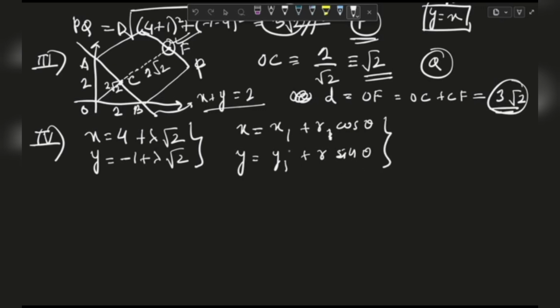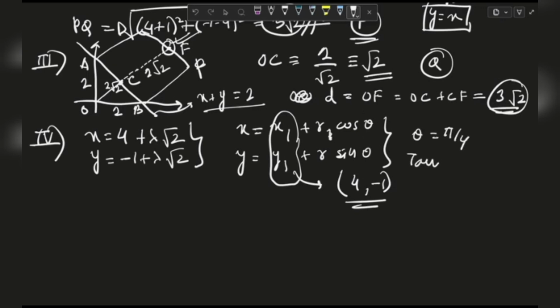So basically if we look at it, this x1, y1 is actually the point lying on the line, which we automatically get from comparing as 4 comma minus 1, and because cos theta and sin theta are both 1 by root 2, theta is pi by 4, therefore our slope tan theta becomes equal to 1. So now we can easily find y minus y1 equivalent to 1 times x minus 4. So we get x, I guess, plus y as 5.